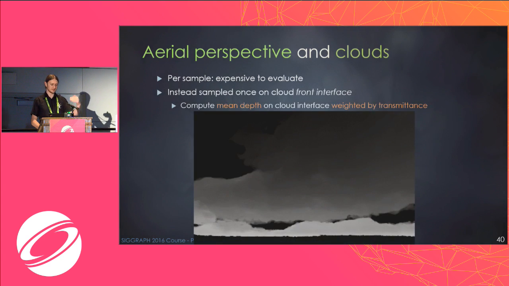So what we do instead is evaluate the mean depth of the cloud weighted by transmittance, which basically tells us which sample we should use to evaluate the aerial perspective to apply on top of the cloud as a post process. That formulation of weighted transmittance keeps this position in front of the cloud interface.